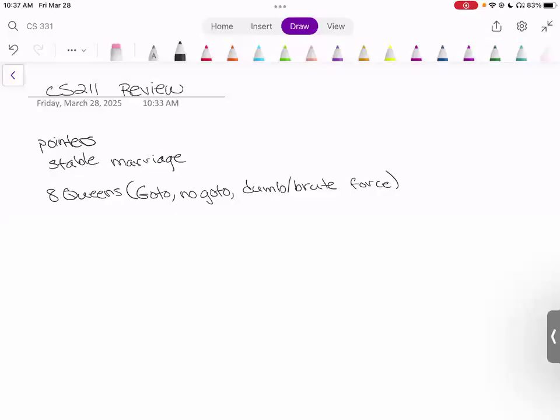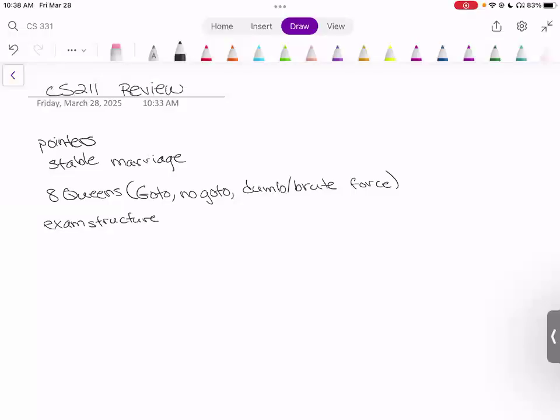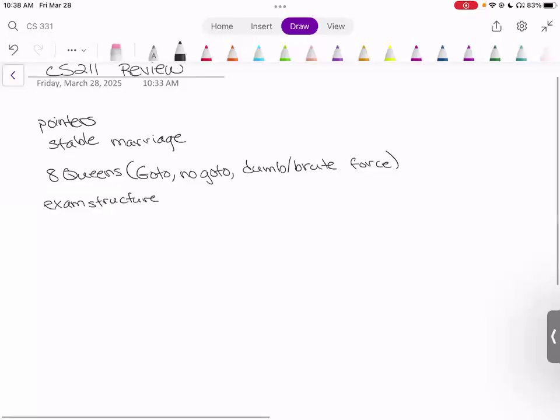Exam structure. I can do that. Okay, so let's talk about the exam structure really quickly.